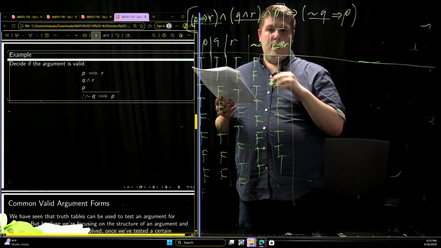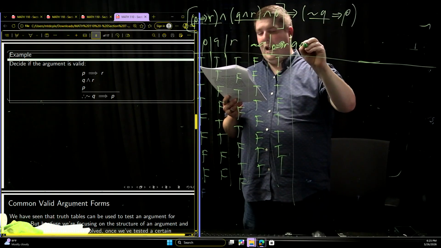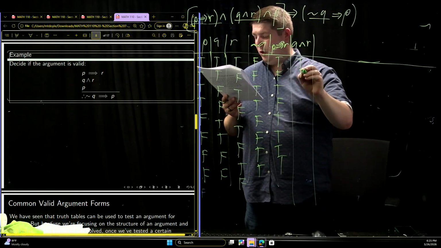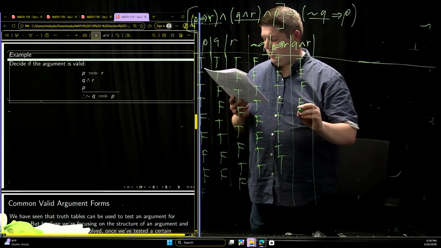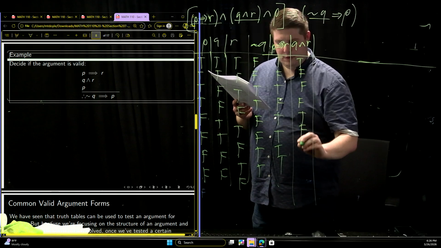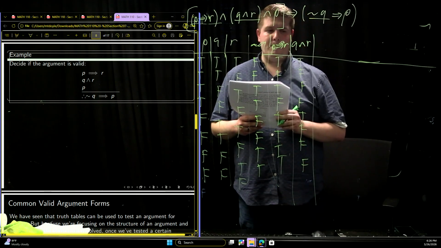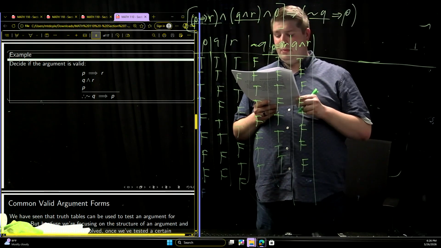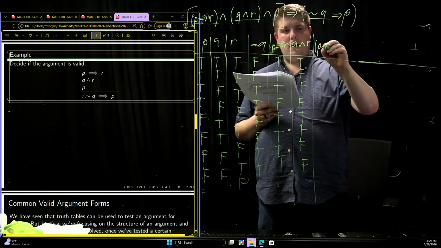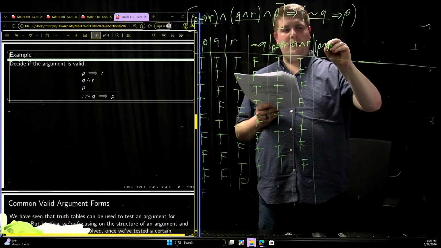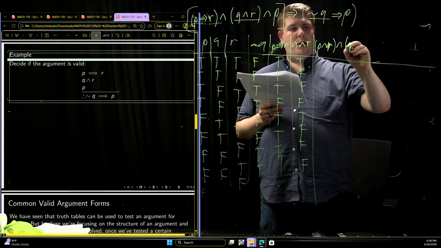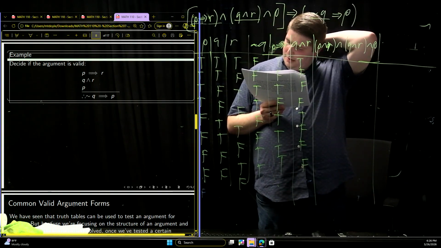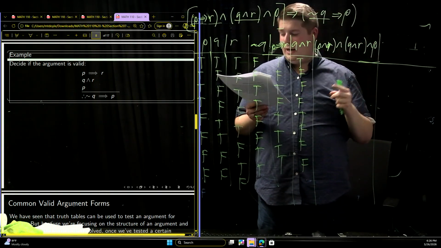Okay, good. All right, and then we have Q and R that we want to do. And that's going to be true, false, false, false, true, false, false, false. Now we want to do P implies R and Q and R and P. So that's kind of doing 3 at once, but we can handle it, okay?